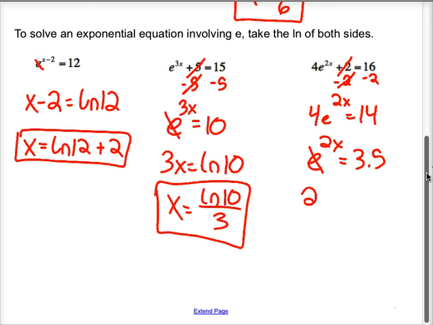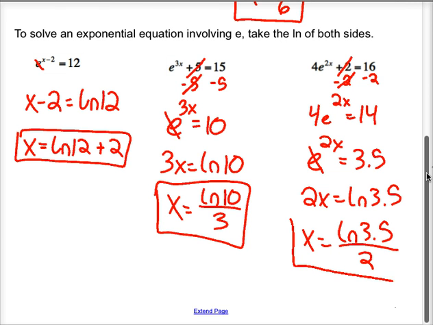Now, ln both sides, divide by 2, and there's your answer. So solving these exponential ones when you can use a natural log actually turns out a whole lot easier than it ever was before.